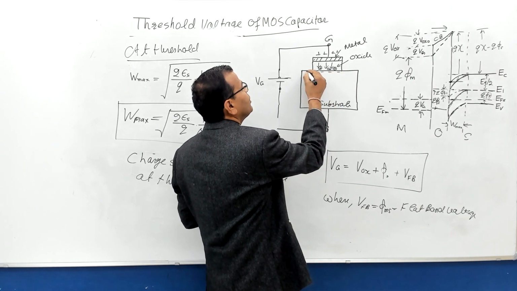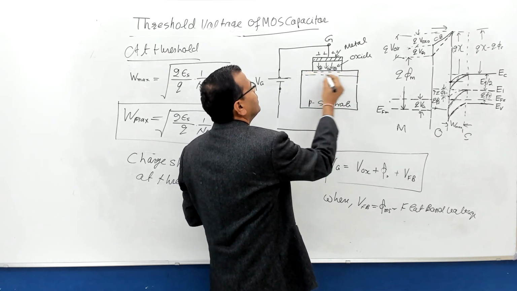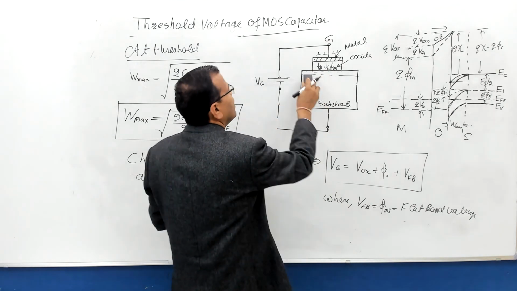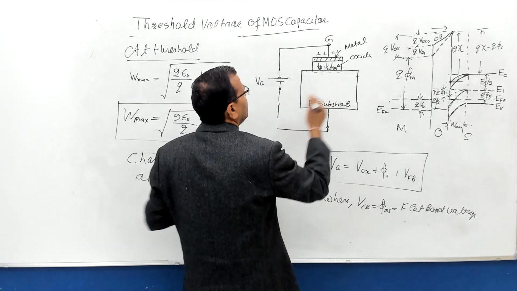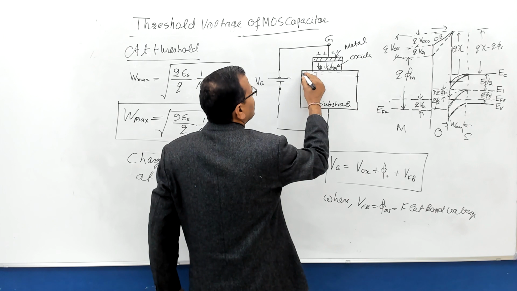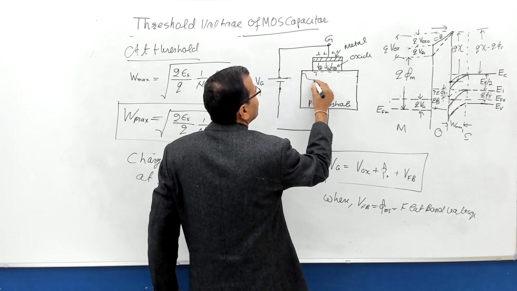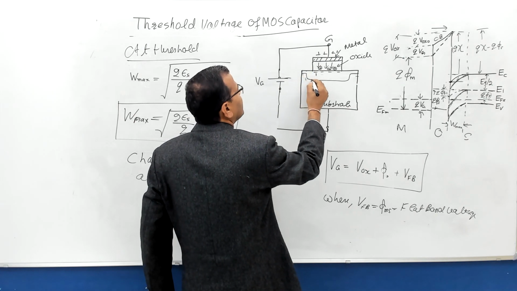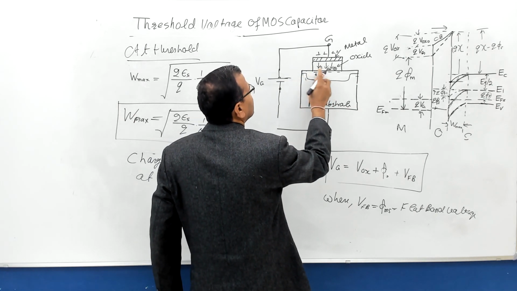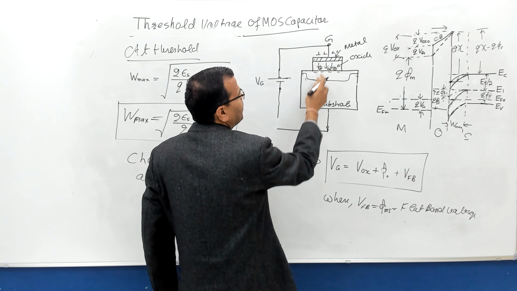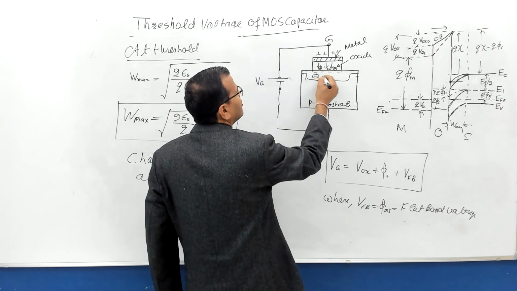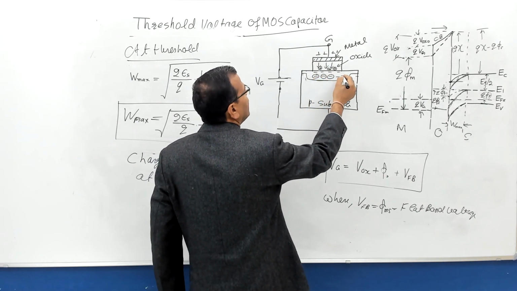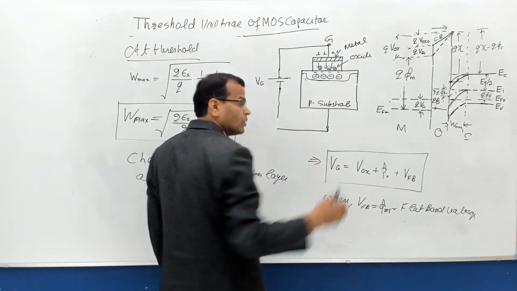Basically there is formation of the depletion layer near the oxide semiconductor interface. This depletion layer is free of holes and it has the negative bound charges of the acceptor impurity, and electrons.